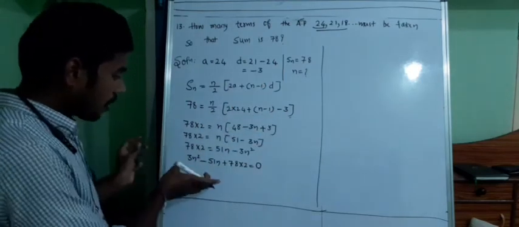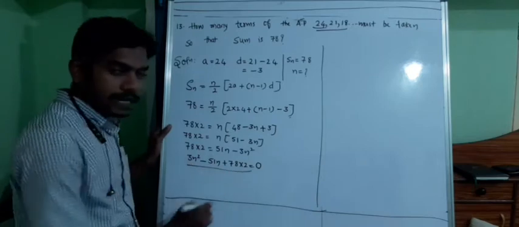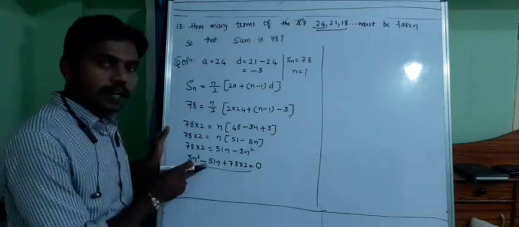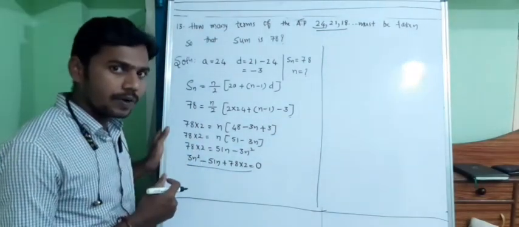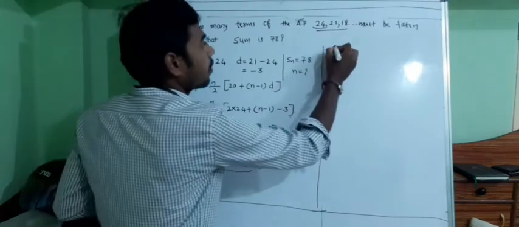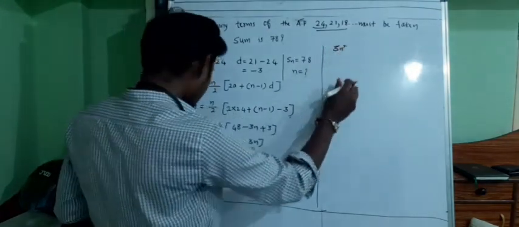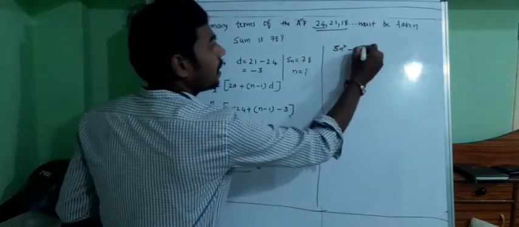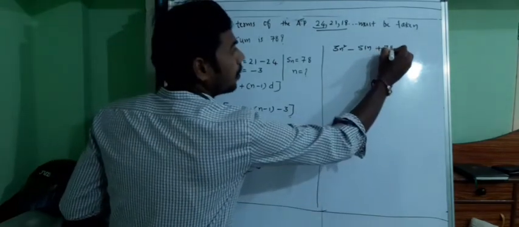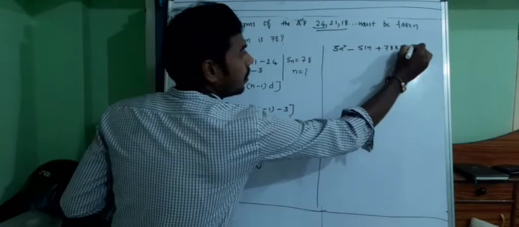Now I need to solve this quadratic equation so as to get the value of n. In a quadratic equation, how many solutions are we going to get? We are going to get 2 solutions. Let us see. So I'll write 3n square minus 51n plus 78 into 2 is equal to 0.